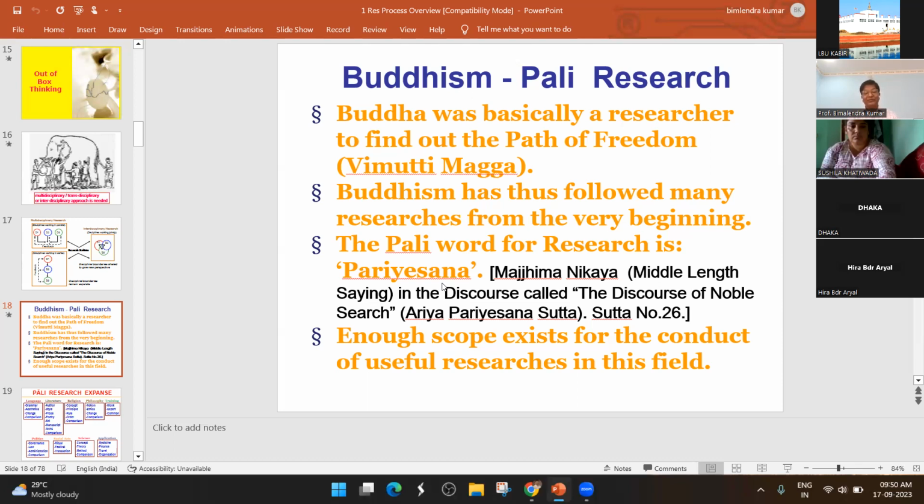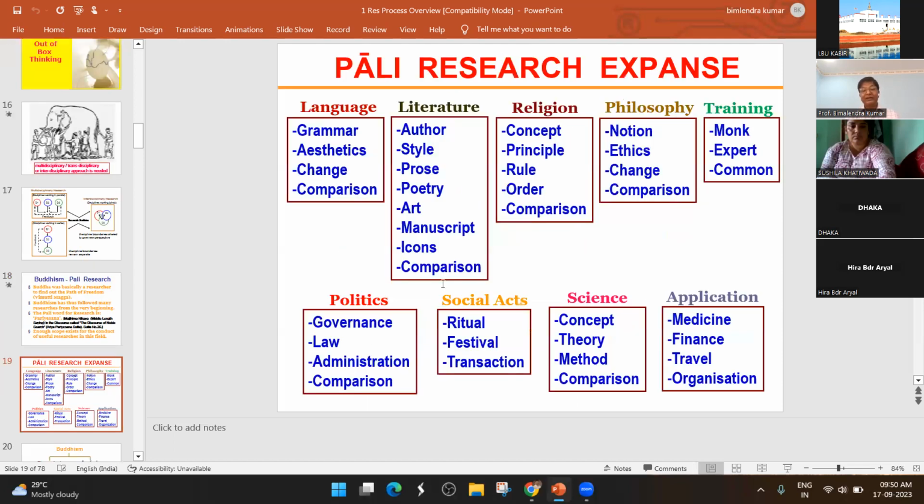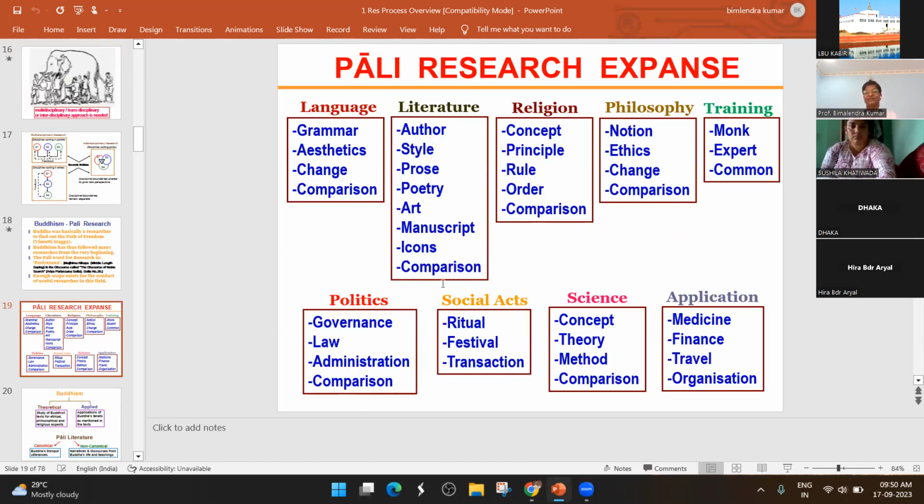Here I am just leaving it, and enough scope exists for the conduct of useful researches in this field, in Pali research. If you go through it, there are so many subjects, the Pali language and literatures, subjects related with language, literature, religion, philosophy, in which training is conducted by a research scholar.